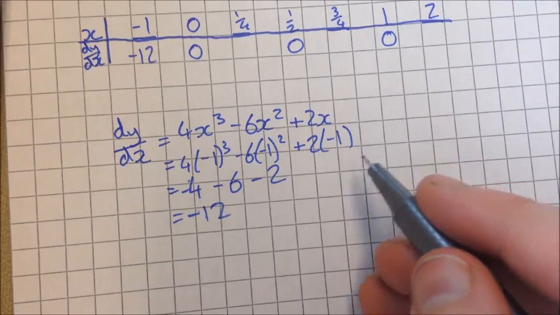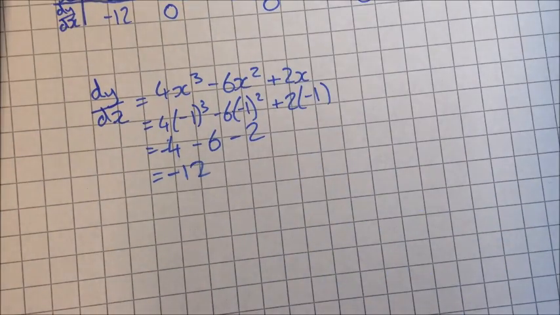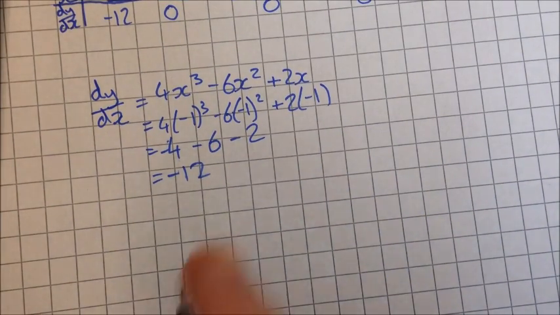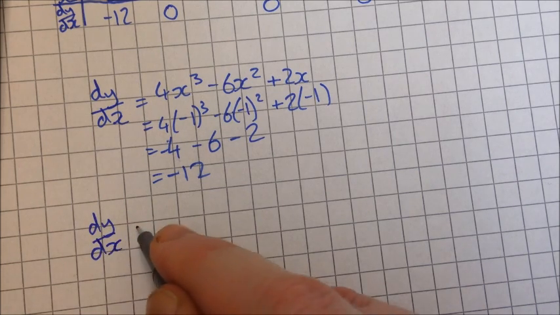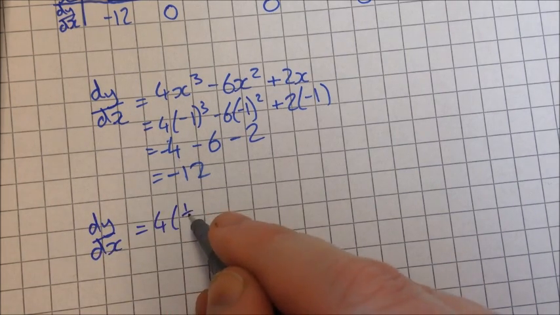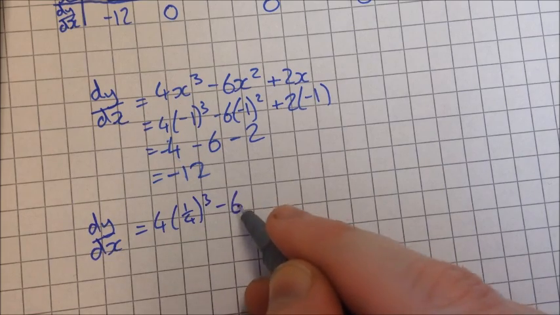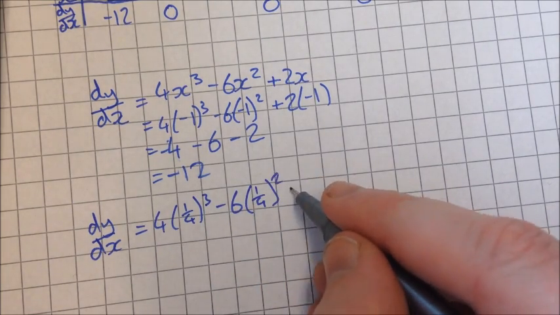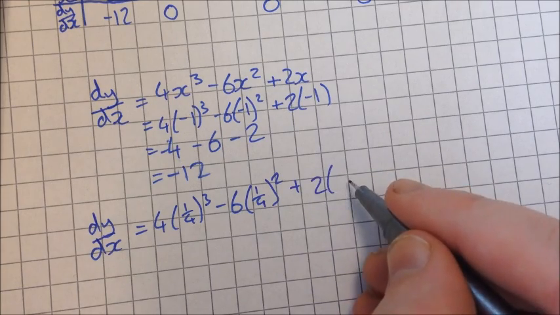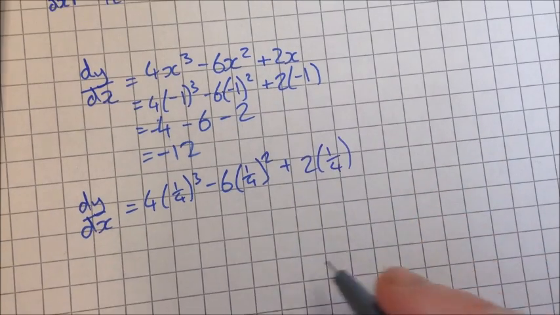Right, if I plug in a quarter, now at this point you might like to call a quarter 0.25 and work it out using a calculator.